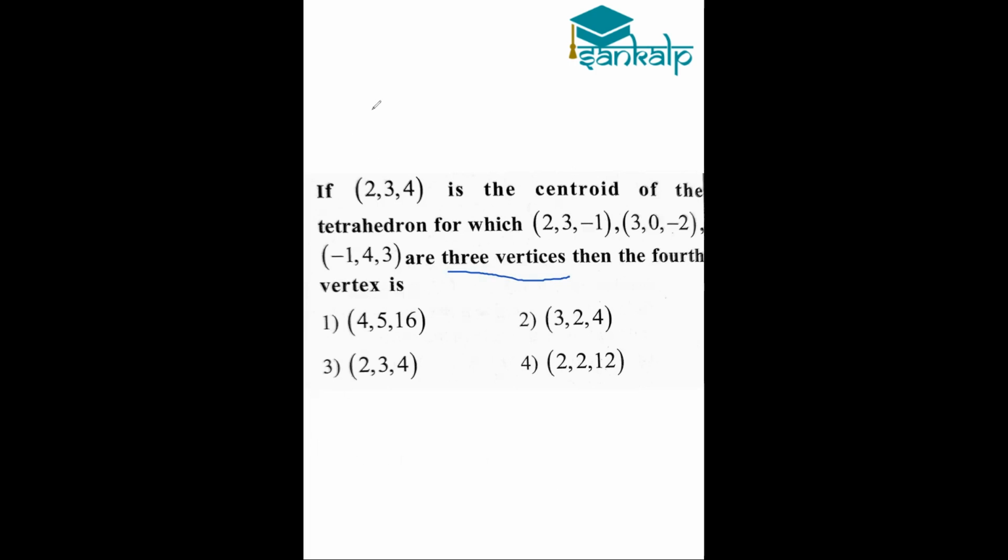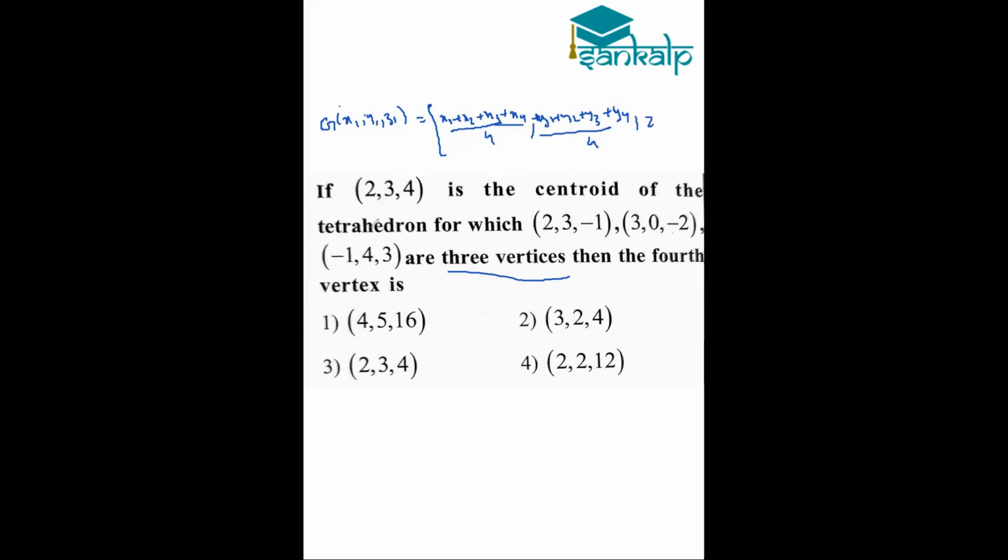We have a direct formula for the centroid G of a tetrahedron, given by (x1 plus x2 plus x3 plus x4) upon 4, similarly (y1 plus y2 plus y3 plus y4) upon 4, and similarly for the z coordinate, (z1 plus z2 plus z3 plus z4) upon 4.